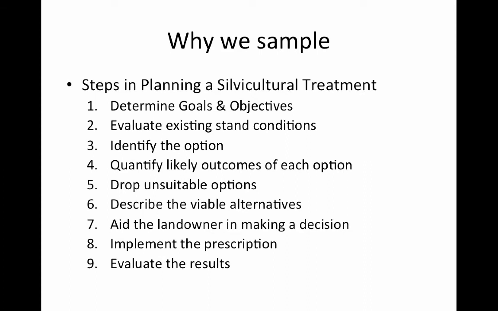So why do we sample? There are lots of different steps in planning a silvicultural treatment or developing a silvicultural prescription, and we're going to talk through a lot of these throughout the lecture and the lab. But the one that really explains why we sample is to evaluate existing stand conditions. What is in the stand right now? That's what we did on Saturday.